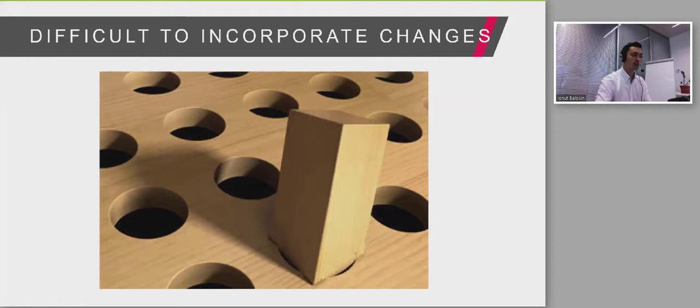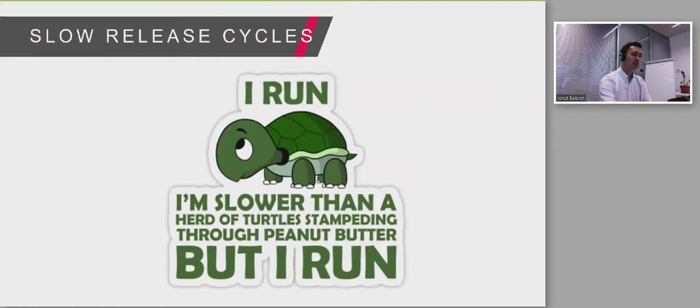Or, in terms of releases, if one small modification takes a few months to be released until the end user benefits from it, it's a sign that the product is not agile enough.